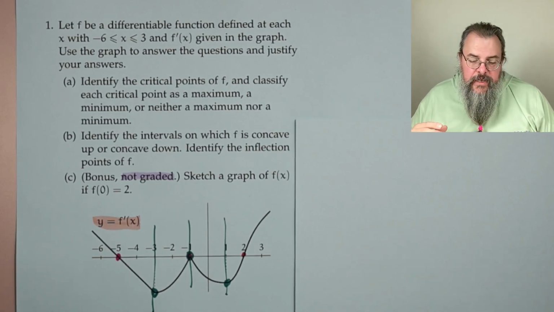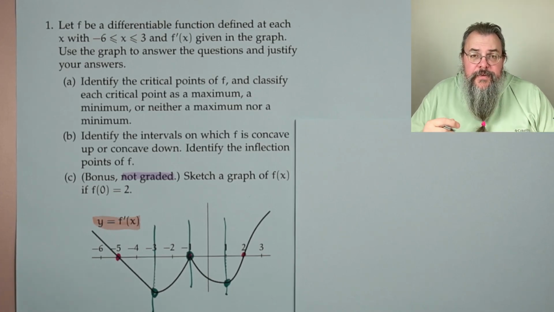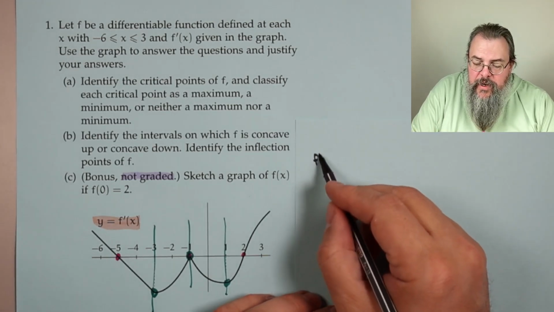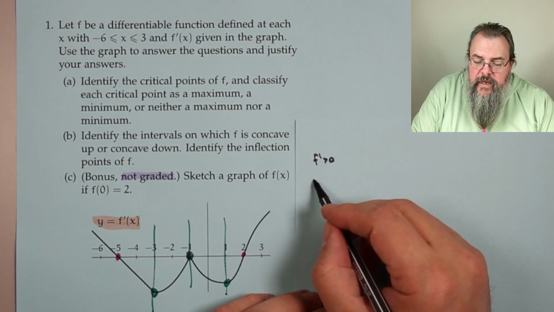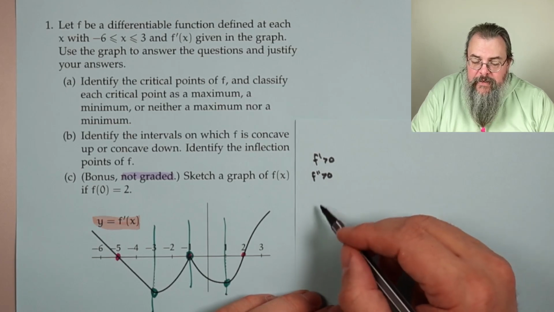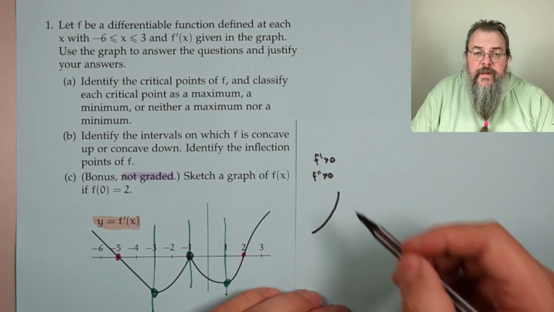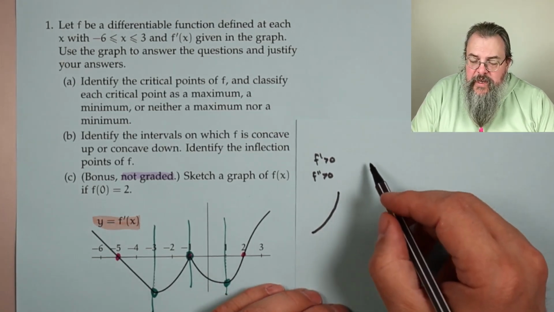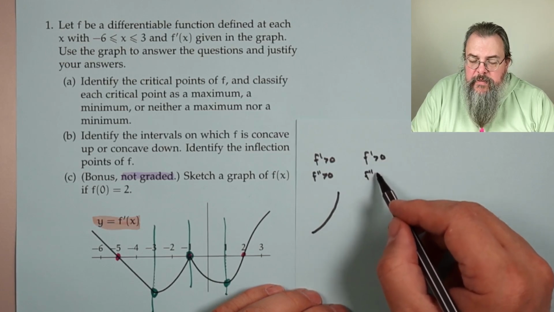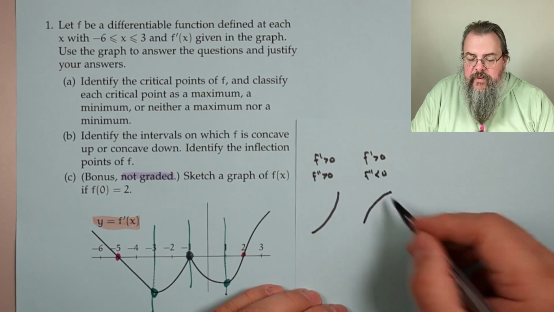So before we get going, what I want to say is what's happening in terms of the derivative and the second derivative. If f prime is positive and f double prime is positive, increasing concave up. That says our basic shape looks like that. We're going uphill and getting steeper. If f prime is positive and f double prime is negative, that looks something like that.